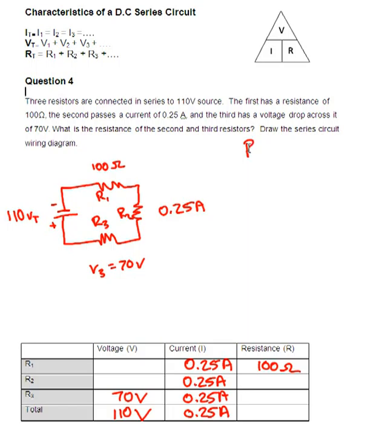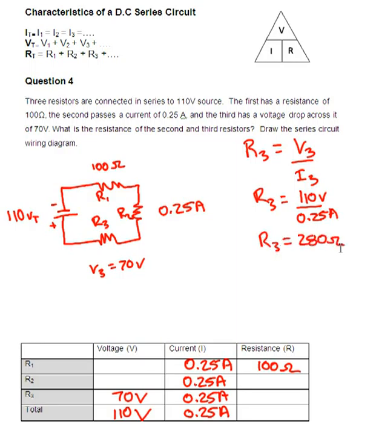So R3 equals V3 divided by I3. R3 equals 110 volts divided by 0.25 amps, which equals 280 ohms. So we can write that in.